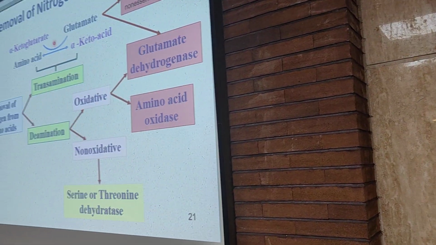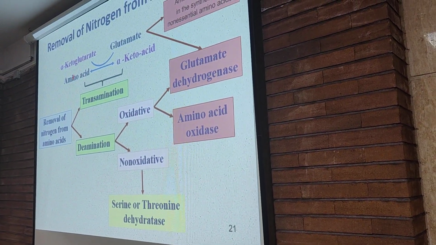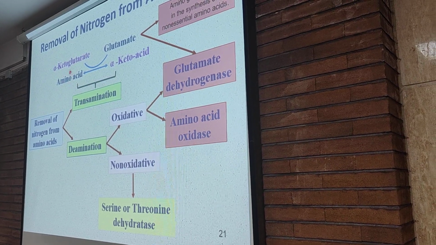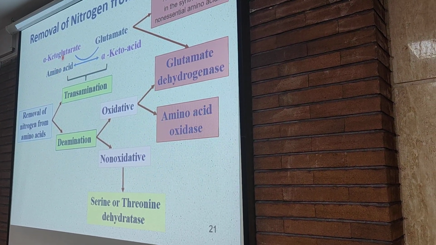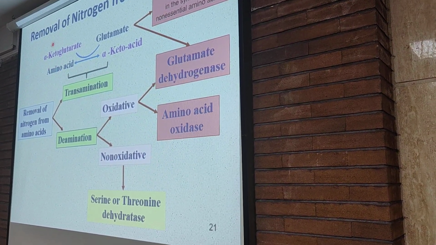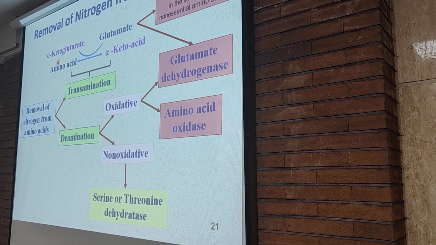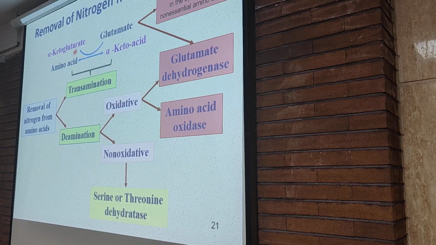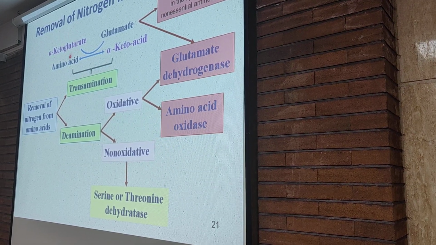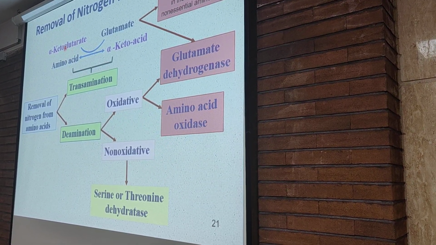For example, you want to start the catabolism of this amino acid. All the time, you require one keto acid as the acceptor of this amine group.